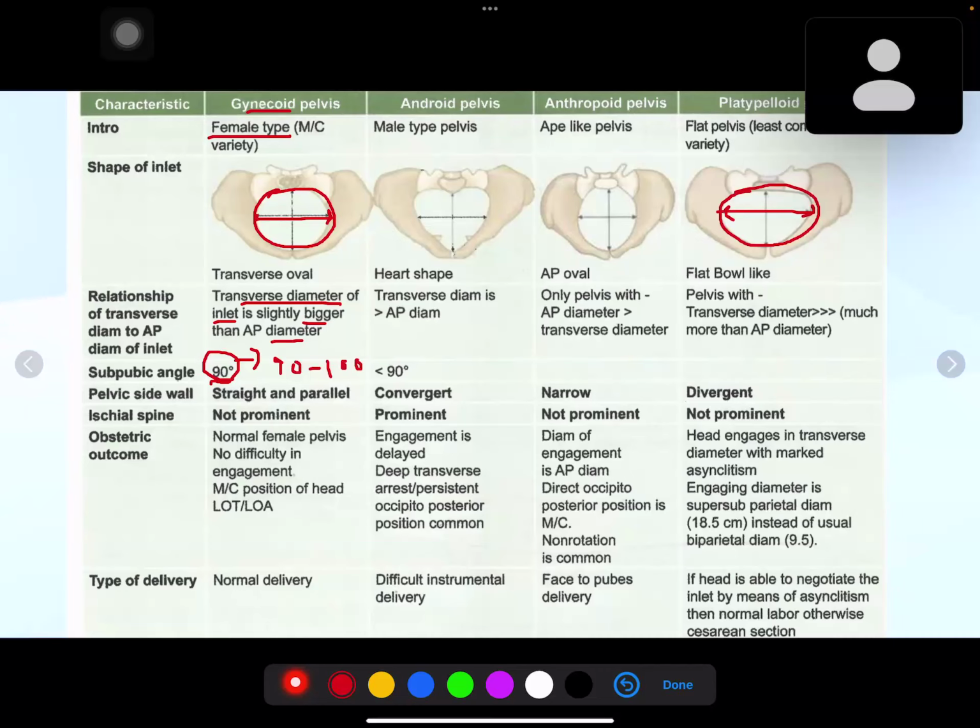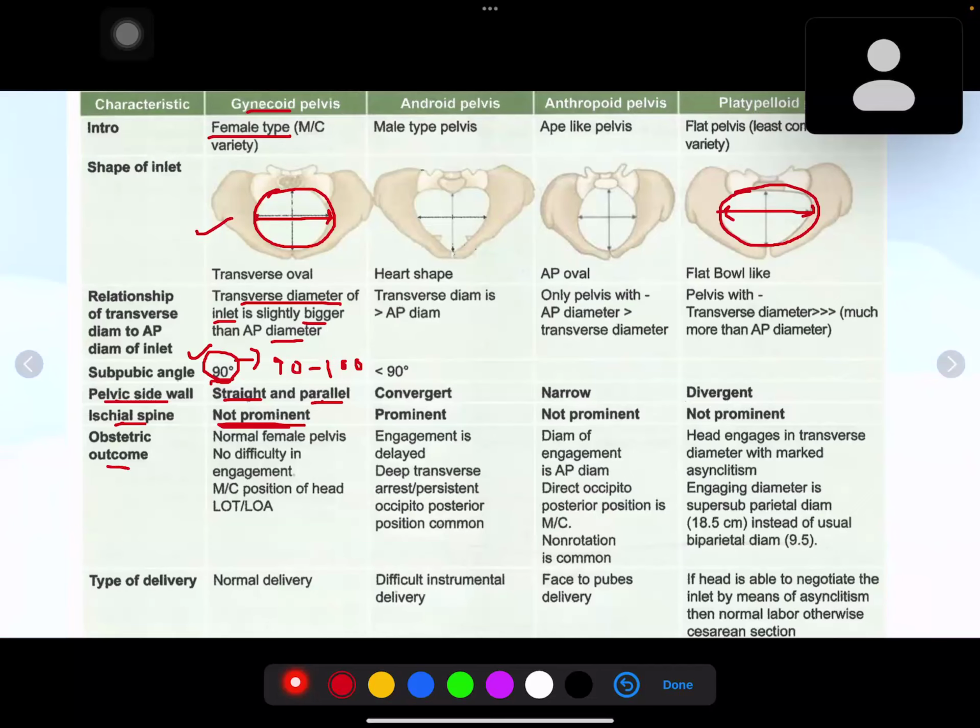Okay, so the gynecoid pelvis has everything that is feasible for normal delivery. Okay, so the inlet is transverse oval, transverse diameter is just bigger than AP, pubic angle is 90, the pelvic side walls are straight and parallel, so for the fetal head or fetus body to accommodate, and the ischial spines are not prominent here. They should not be prominent actually for labor and for the head to descend into the outlet.